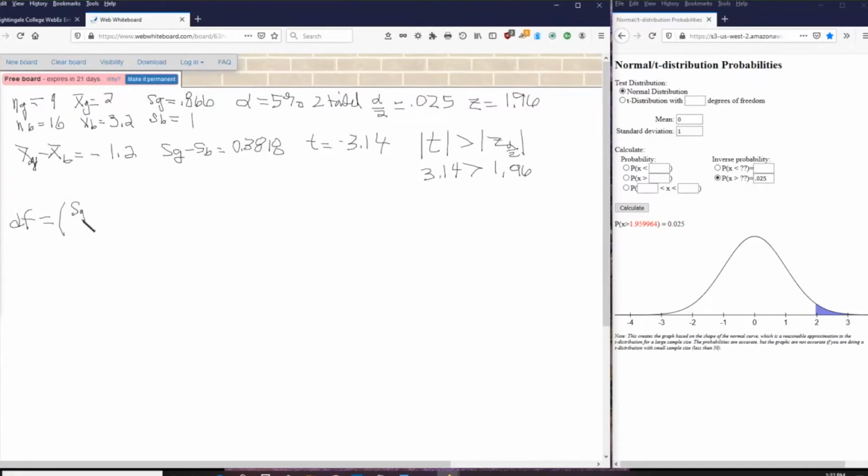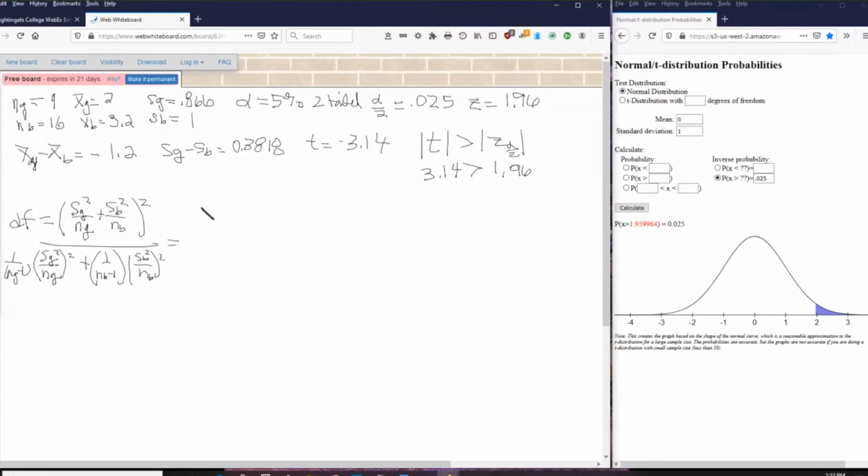That's the standard deviation of the girls squared divided by their sample size plus the standard deviation of the boys squared divided by the boys sample quantity, all squared, divided by 1 over the sample size of the girls minus 1 times the standard deviation of the girls squared divided by the sample size of the girls, and that whole quantity is squared, plus 1 over the sample size of the boys minus 1 times the standard deviation of the boys squared all over the sample size of the boys quantity squared.